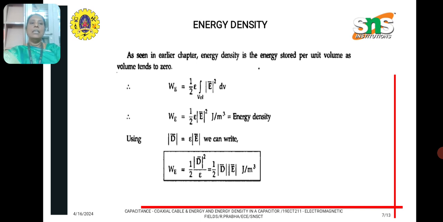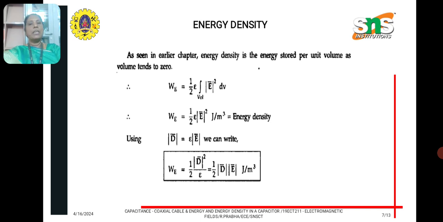And energy density is nothing but the energy per unit volume when the volume tends to 0. So WE can be given as 1 by 2 epsilon integral over the volume E squared dV, and as the volume tends to 0, we remove the integral. So the energy density WE is equal to 1 by 2 epsilon E squared joules per meter cube.